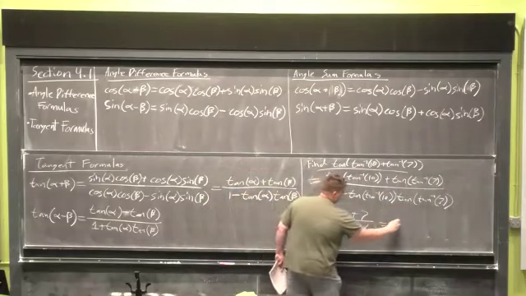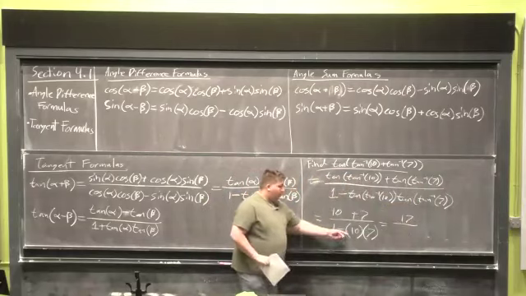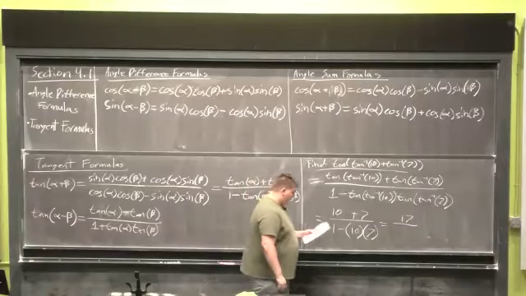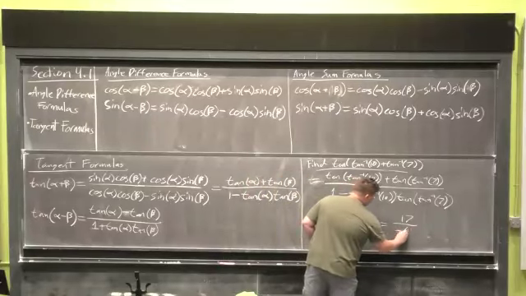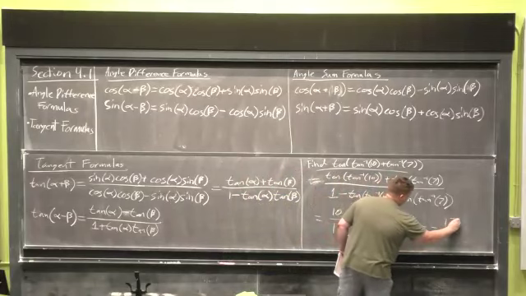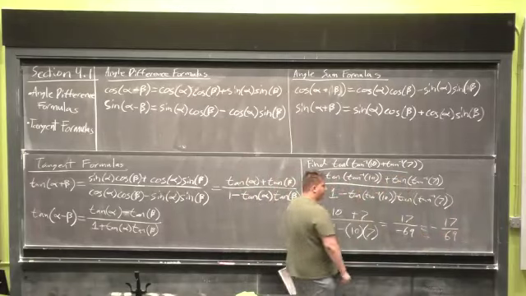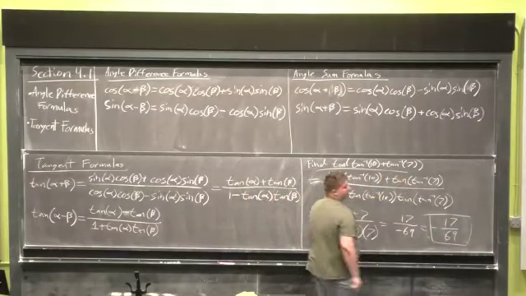So we get 17 divided by 1 minus 70, which is negative 69, which is equal to negative 17 over 69. And that is our answer.